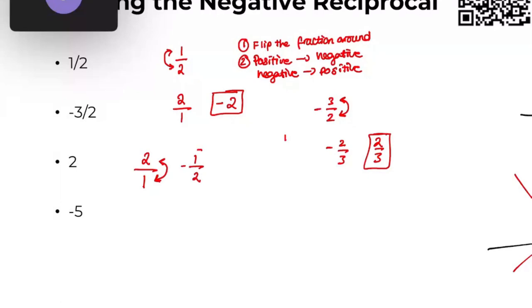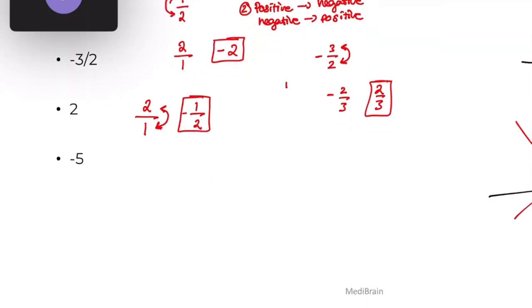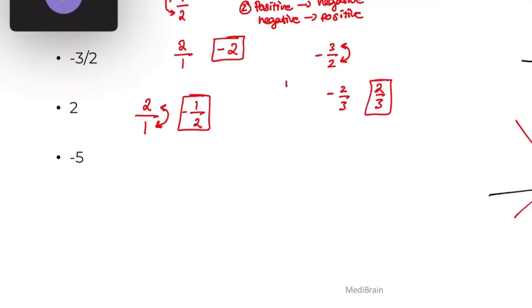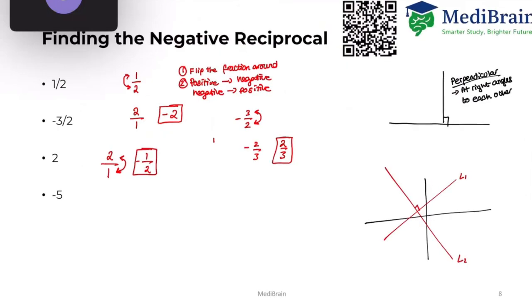So it becomes negative a half. And then the final example, we've got minus 5. Do you guys want to have a go at it? Have a go at minus 5, and just type in the Q&A what the negative reciprocal of minus 5 is.